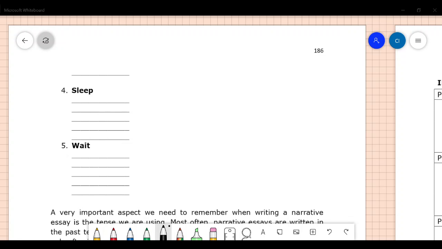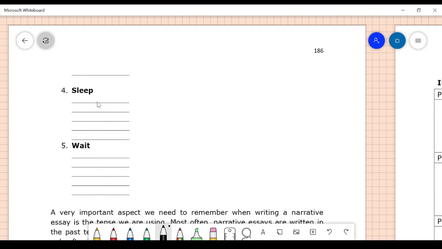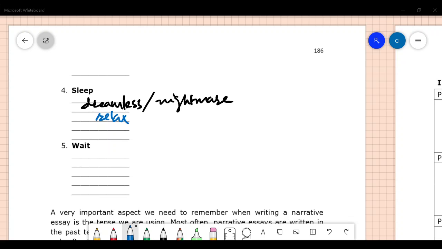I can say that it's dreamless, or for some it might be a nightmare, and you can see relax as a synonym there. So light sleep, heavy sleep, you can just add them. That gives meaning to it.